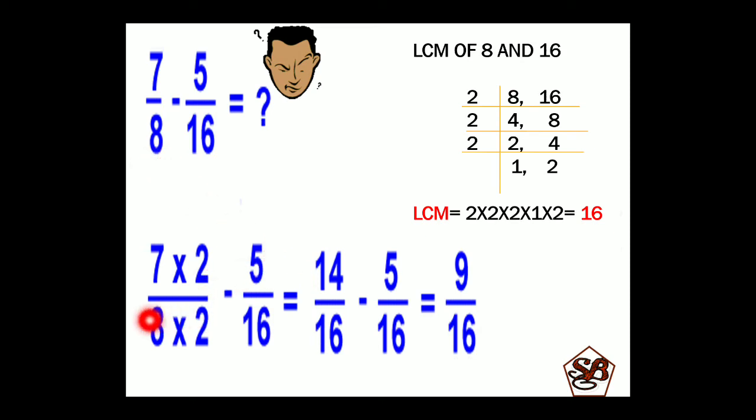For that we multiply 8 by 2, and so we multiply the numerator also by 2. 7 2s are 14, 8 2s are 16. 14 by 16 minus the second fraction 5 by 16. 14 minus 5 will give you 9 and the denominator remains the same as 16. So the final answer is 9 by 16.